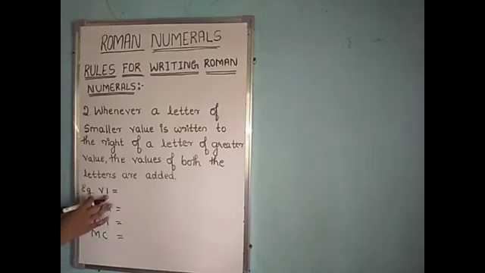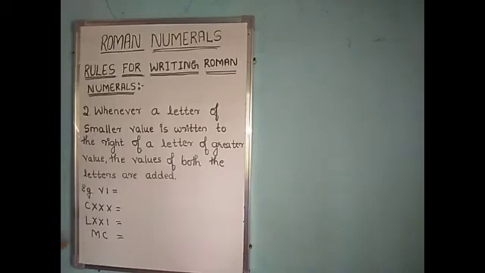So here I is a symbol of a smaller value and V is a symbol of a greater value. So whenever a letter of smaller value is written to the right of a letter of greater value, the values of both the letters are added.